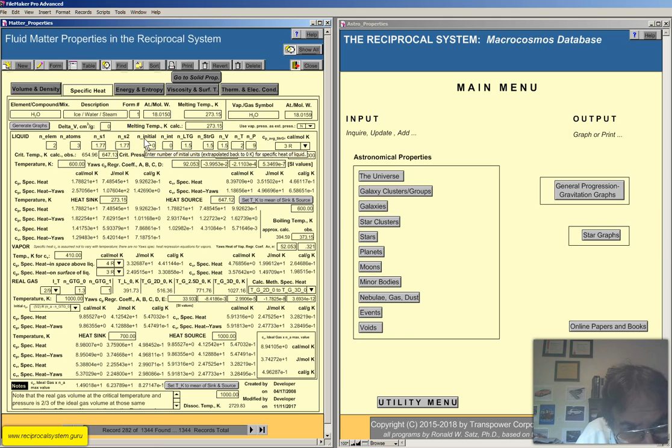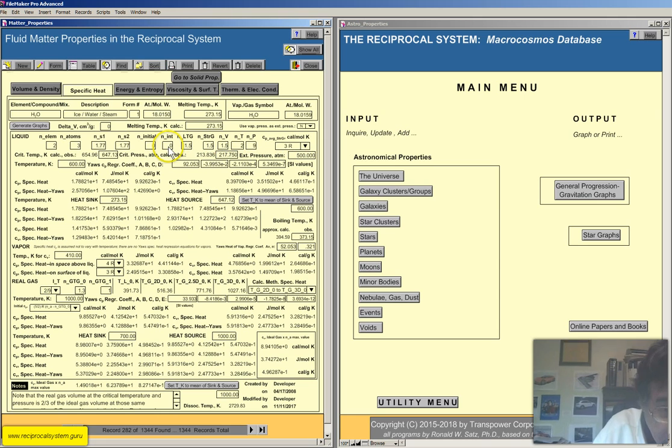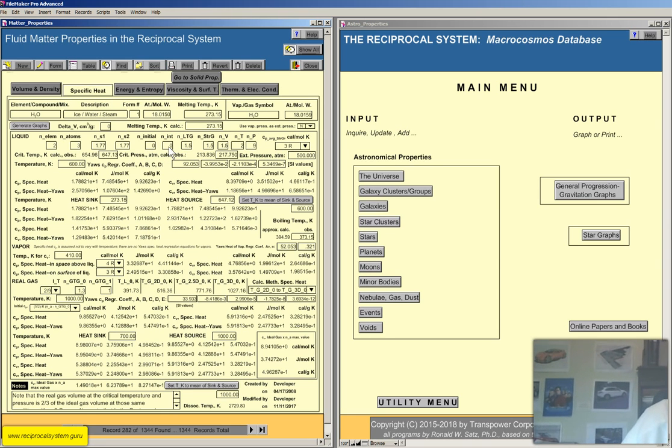And then this N initial is the number of initial units extrapolated back to 0K for specific heat of the liquid. And internal, this is the number of structural groups having internal motion. Solid-like vibration per molecule. Okay. And LTG, this is the number of liquid thermal groups per molecule. This is 1.5.